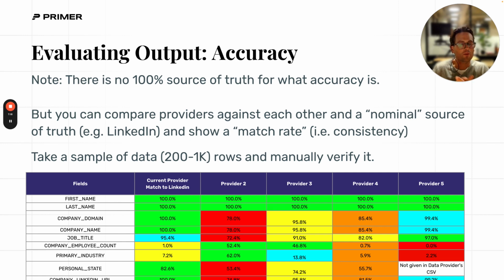And then we can also compare data providers against each other, so it's relative accuracy to LinkedIn, and that helps us, again, judge potential effectiveness. So our current provider seems to have a very high match rate against LinkedIn and is kind of winning.